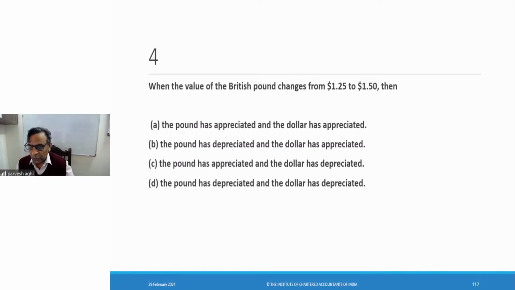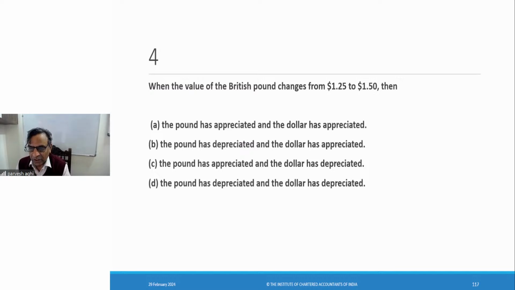When the value of the British pound changes from $1.25 to $1.5, then the pound has appreciated and the dollar has depreciated; the pound has depreciated and the dollar has appreciated; the pound has appreciated and the dollar has depreciated; or the pound has depreciated and the dollar has depreciated.